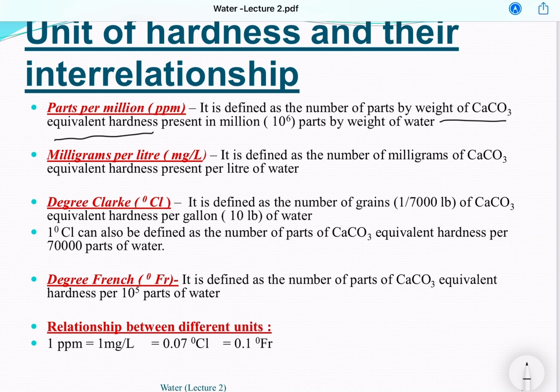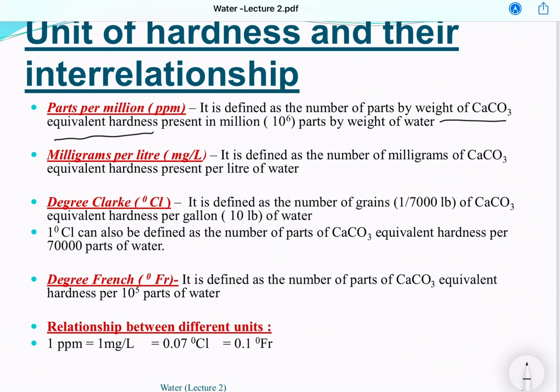Now the another unit for hardness is milligrams per liter. It is defined as the number of milligrams of CaCO3 equivalent hardness present in 1 liter of water. Similarly, the third unit is degree Clark. It is defined as the number of grains of CaCO3 equivalent hardness per gallon of water.